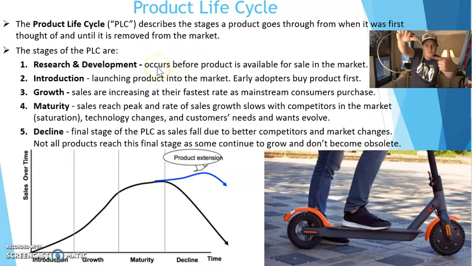So it occurs before the product is made available to sale, and that research and development might be occurring in a lab, might be occurring through the business testing its products, or samples on focus groups, and really trying to get an understanding over how a product could meet the needs and wants that they've identified in their target market segment.